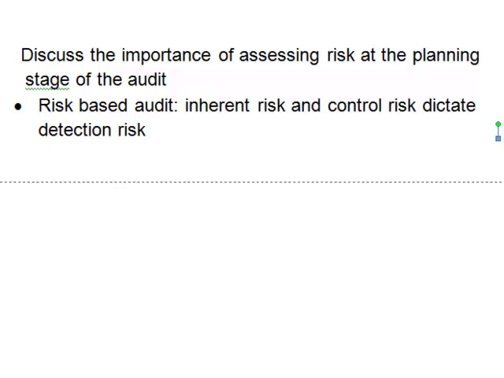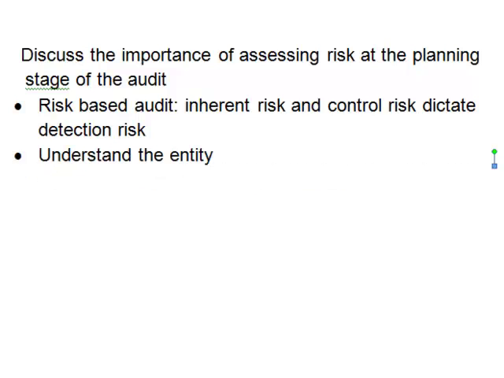Secondly, it's important to understand the entity. You can't go into an entity without, for example, knowing roughly its size, nor can you go into it without knowing what makes it tick, really. And part of this will also be understanding maybe where there are risky areas.